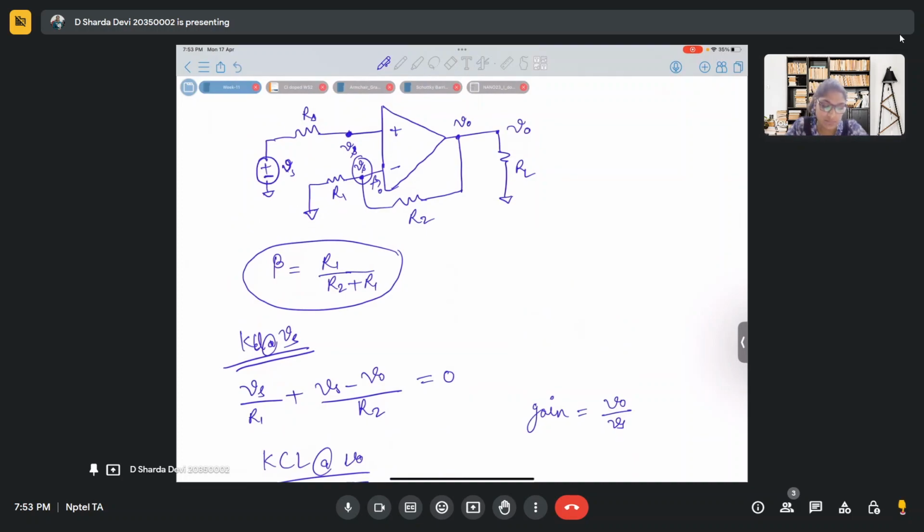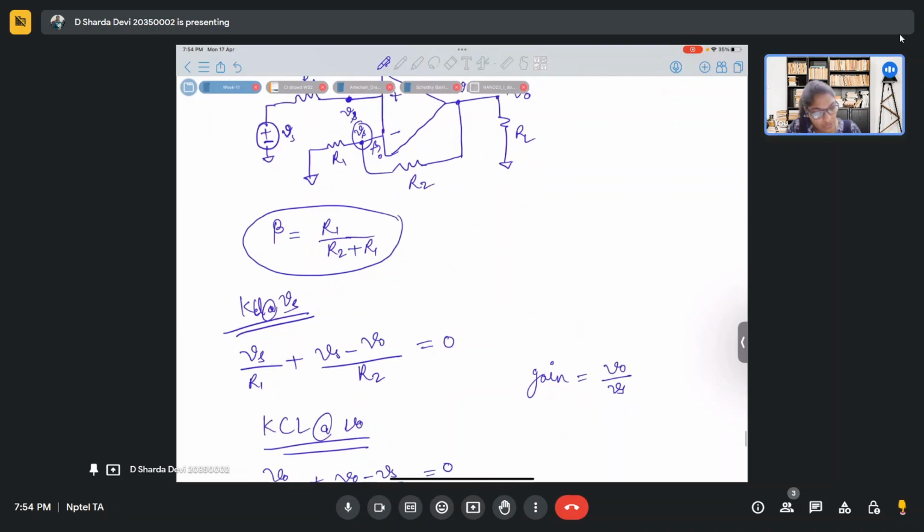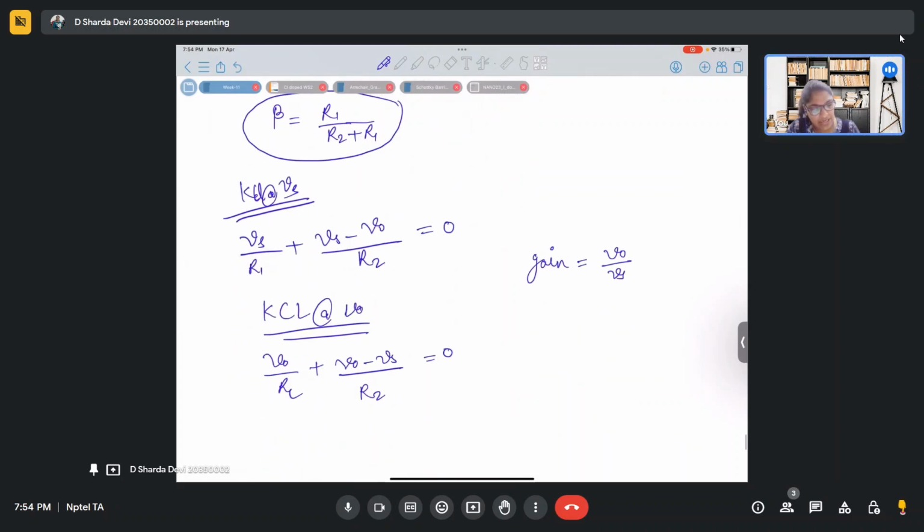Assume that the op-amp has infinite input resistance and zero output resistance. Find an expression for the feedback factor, and so on. The open loop gain is given as 10 to the power of 4. So it is an ideal op amp. Let's first find V naught by Vs and see what we get.